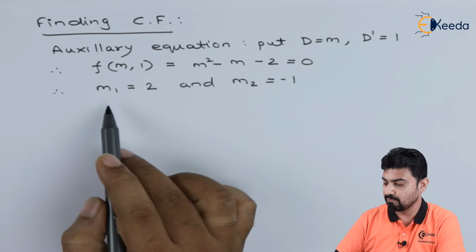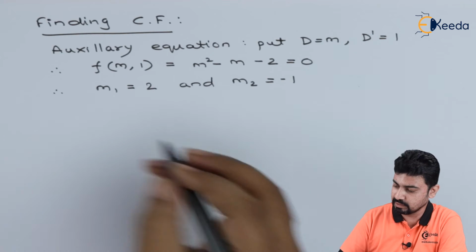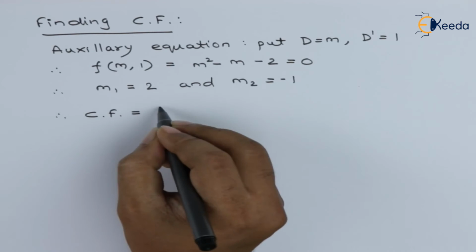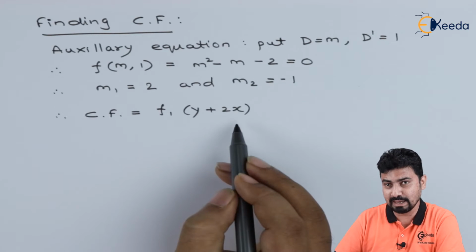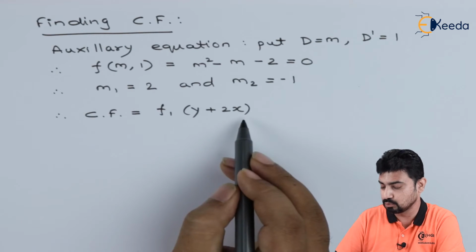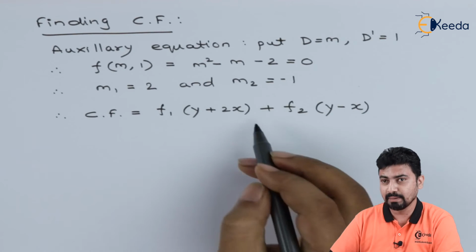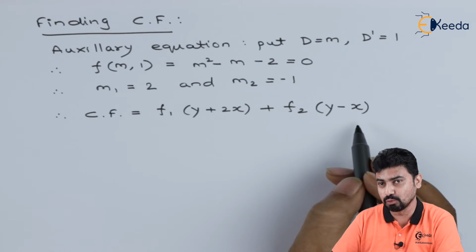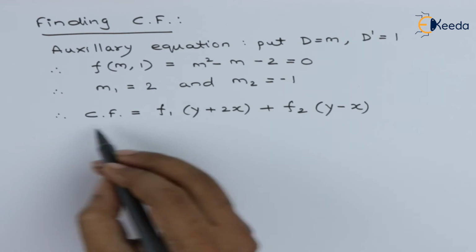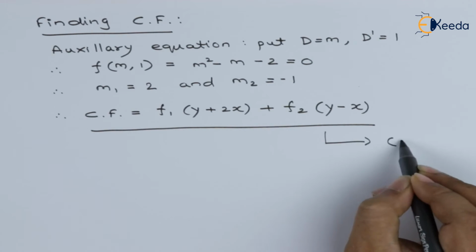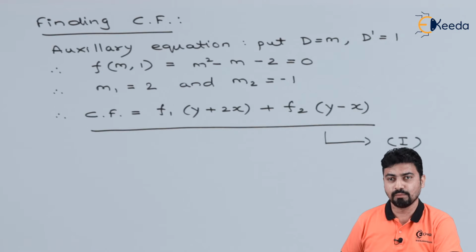We got the roots as m1 is 2 and m2 is minus 1. Therefore, our complementary function is f1 of y plus m1x, that is y plus 2x, plus f2 of y plus m2x. Our m2 is minus 1, so we have f2 of y minus x. This is the first part of our complete solution, that is complementary function.